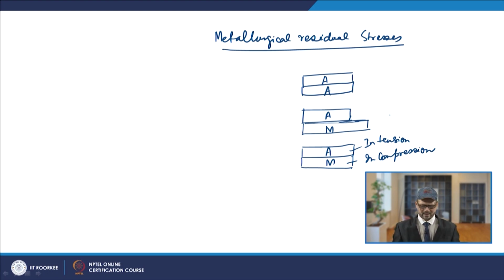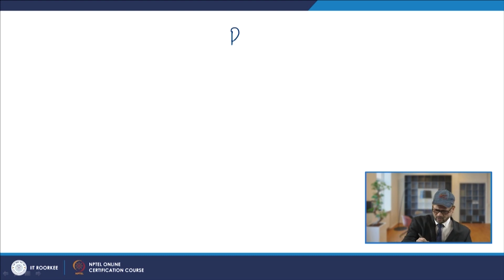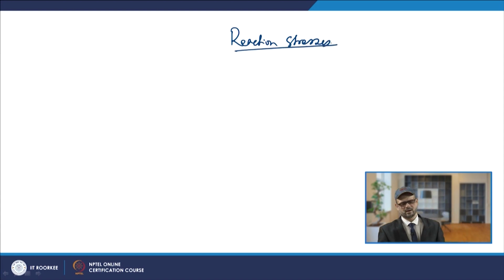Now the other type of stress which we also discussed was the reaction stress. In the case of reaction stresses, as we discussed, it is because of the constraint or restraint to the thermal expansion and contraction which is offered when we do the welding.